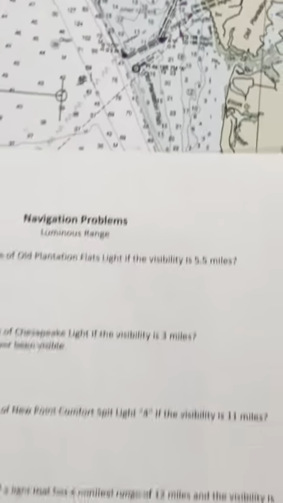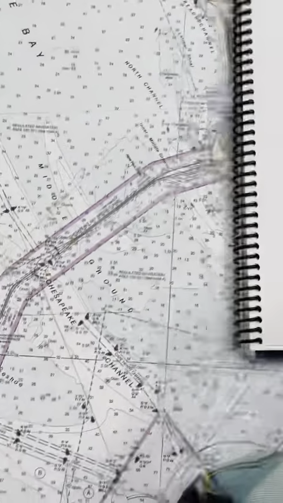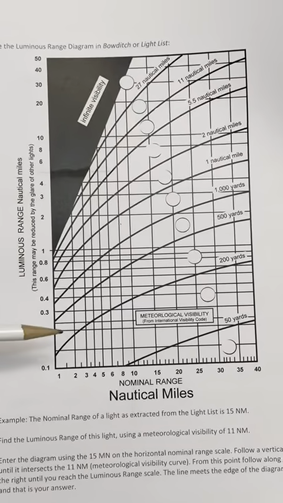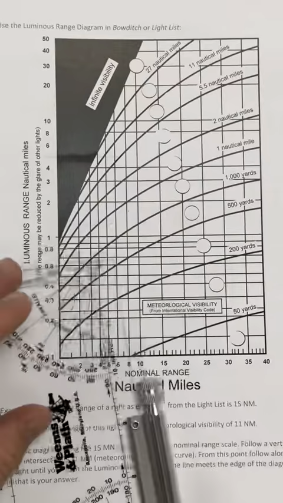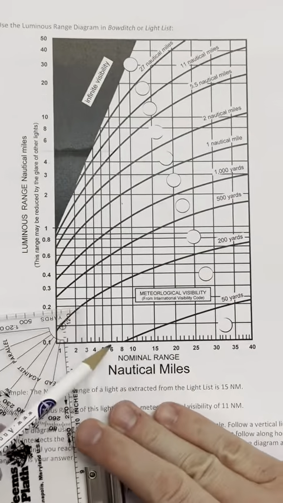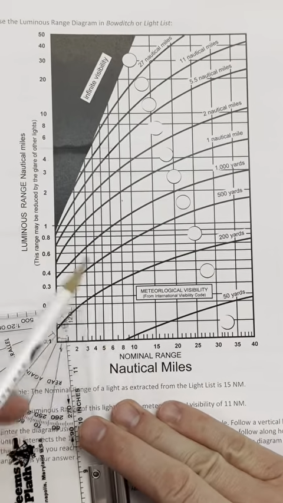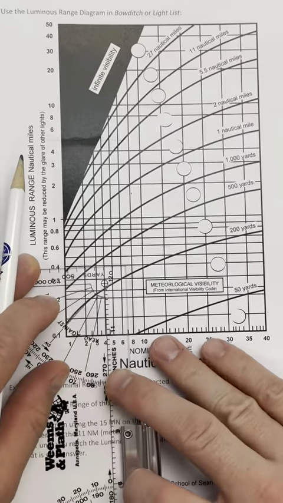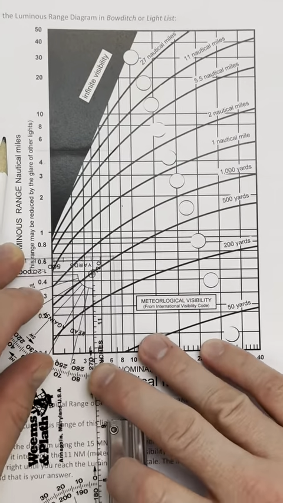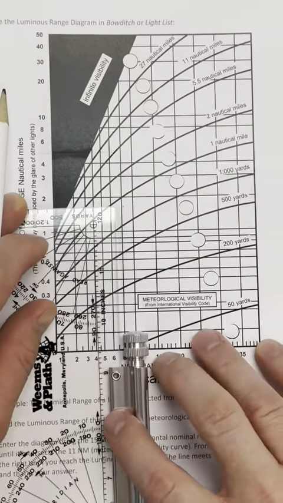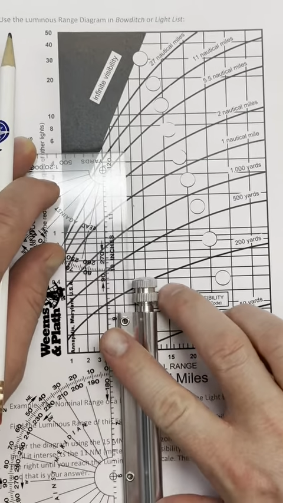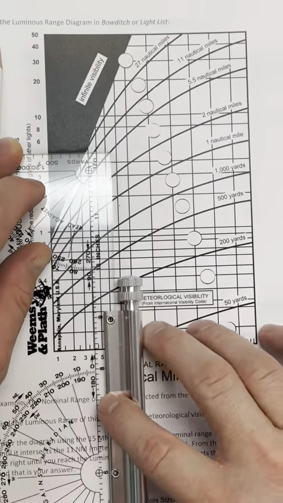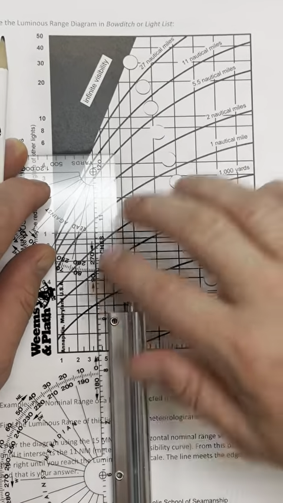I'm going to take that and come back to my luminous range table, and line up the 7 nominal range right here at the bottom. There's 6, there's 8, and 7's right between. I'm going to line up the back edge of my parallel plotter and slide it up the table while keeping it on that 7, to where it hits the 5.5 curve right there.